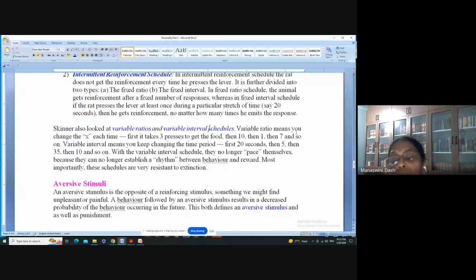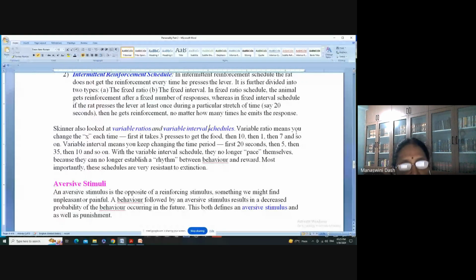Then after the second response, the animal doesn't get any reinforcement. So say after 3 responses, we may reinforce the animal. Then after 5 responses, we give the reinforcement. Then after again 1 response, we give the reinforcement. So the number of responses required to get the reinforcement varies. That is variable ratio.